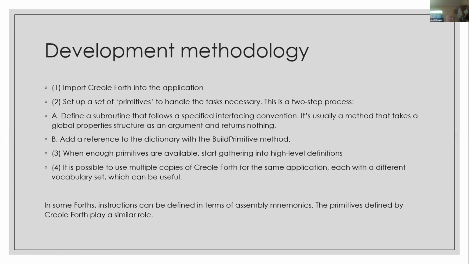So it's possible to use multiple copies of Creole Forth for the same application, each with a different vocabulary set, which can be useful. In some Forths, instructions can be defined in terms of assembly mnemonics. The primitives defined by Creole Forth play a similar role.